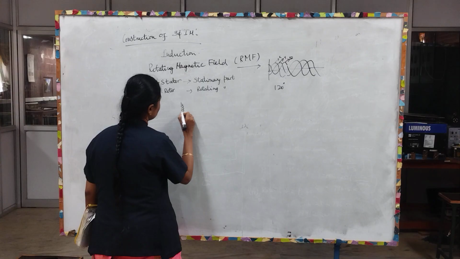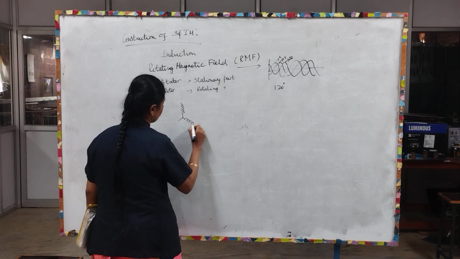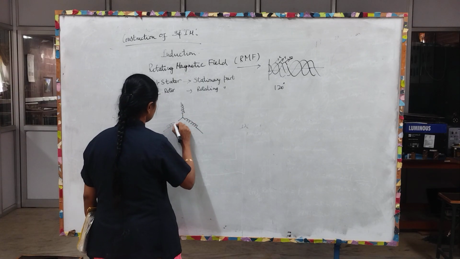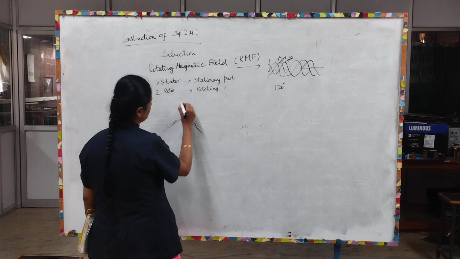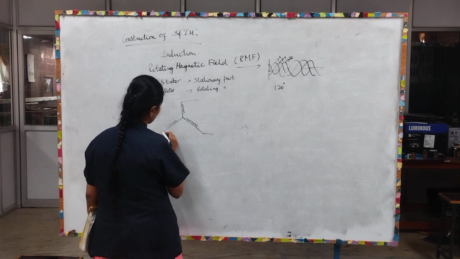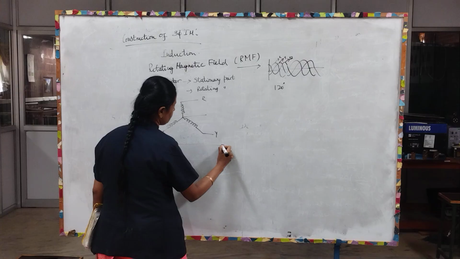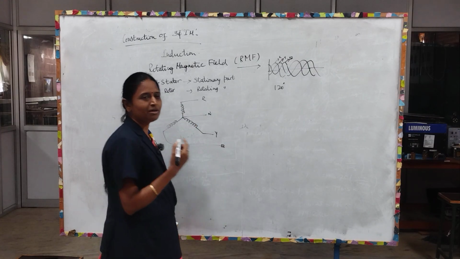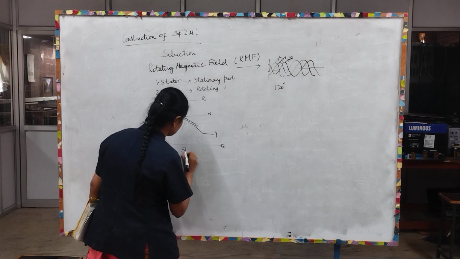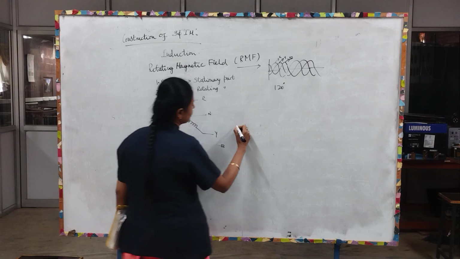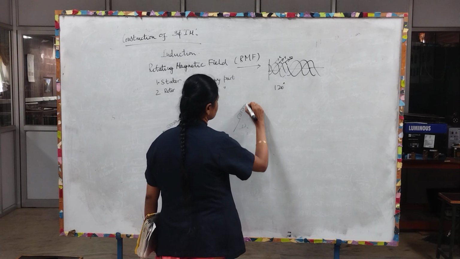This is a star connected structure. It is also known as Y structure. Here you will have three phases with one neutral, so R, Y and B and neutral. It may be either star connected or delta connected, meaning you will have a structure like this.